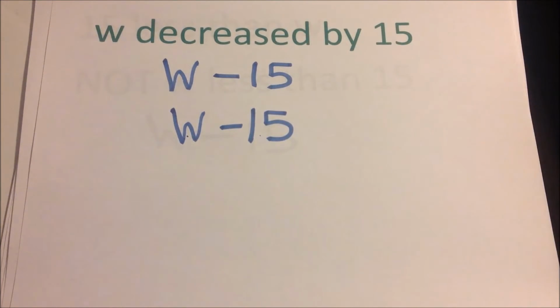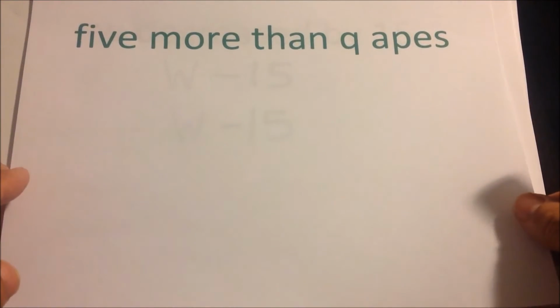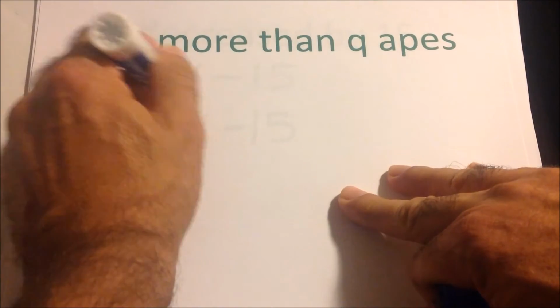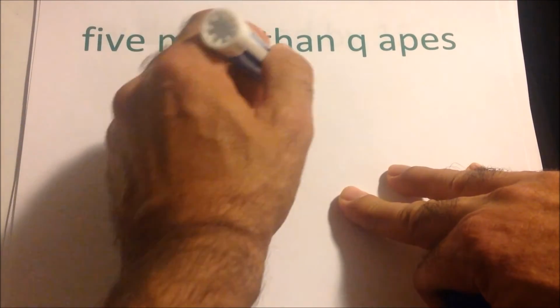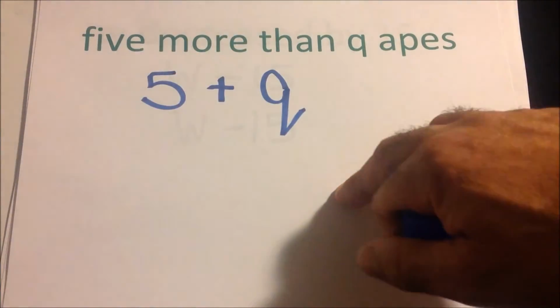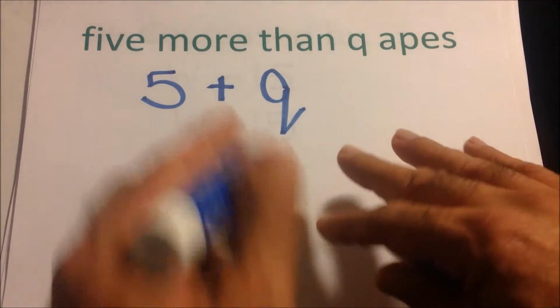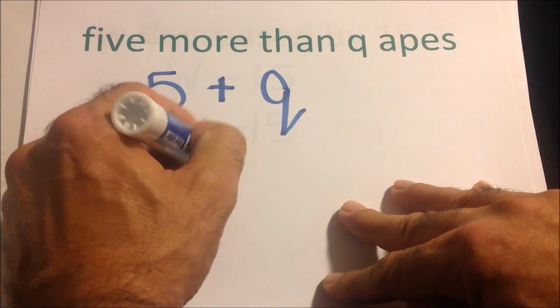So how would you write an algebraic expression for this? 5 more than q. 5 more means plus. We'll say q plus 5. It's 5 more than a number. And of course, since addition is commutative, you can even do it that way.